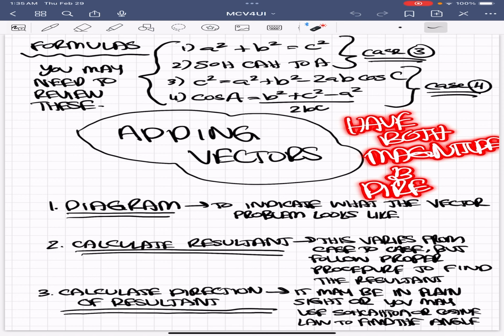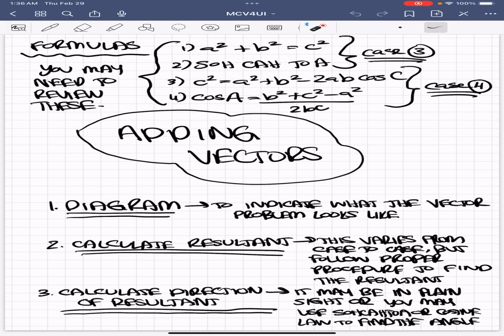So when we calculate the resultant, we're going to need to include the direction. Magnitude meaning like 6 meters or 8 meters or 10 meters, or however much the resultant is worth in value or in length or in distance. That's what magnitude means. And then we also have direction.